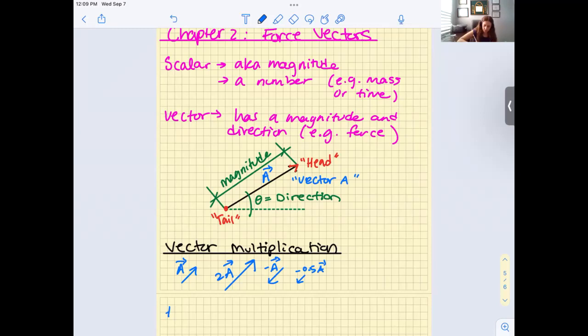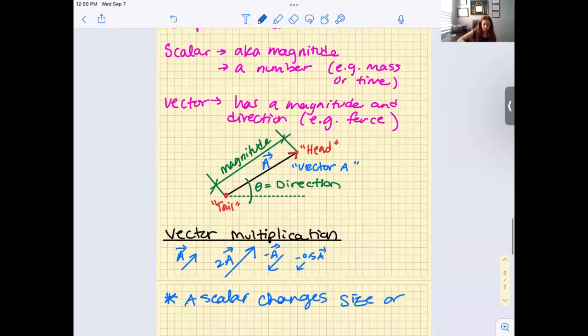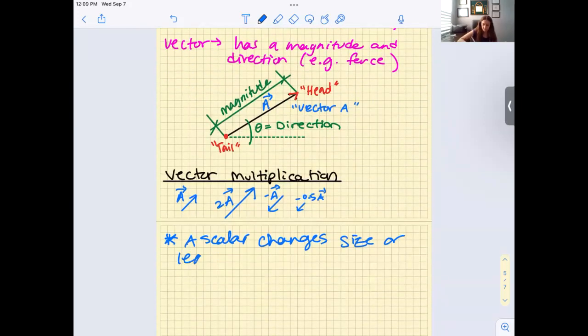So the key is some scalar, so a number, any scalar, like scales up or down, right? It changes the size or the length of the vector.